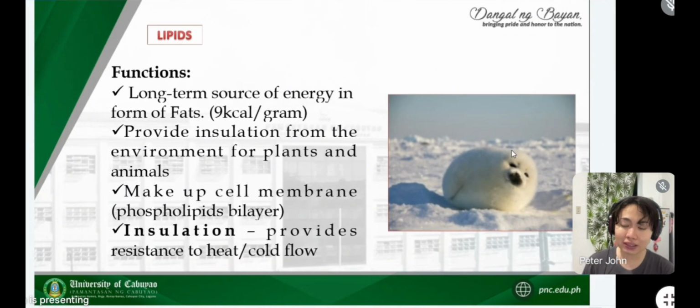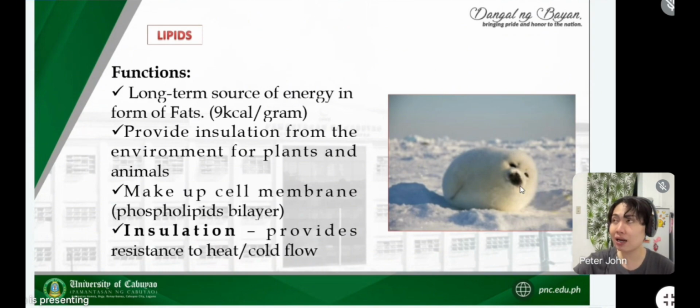They use their fats, yung tinatawag nilang blubber, as a source of insulation to protect from the extreme coldness sa environment itself. Even tayong mga tao, we also have function of lipids.